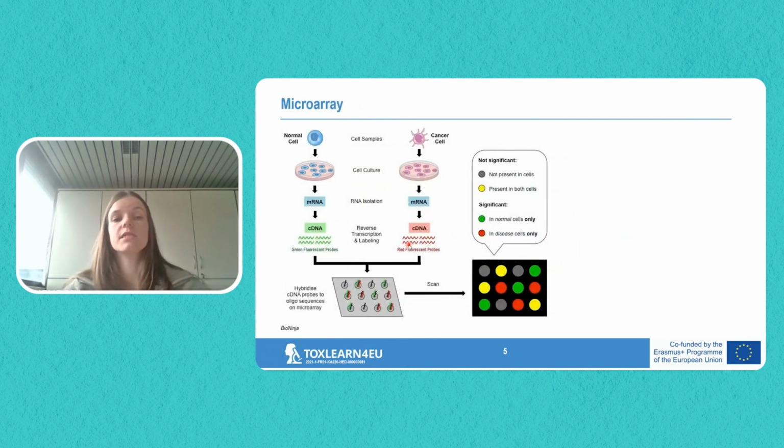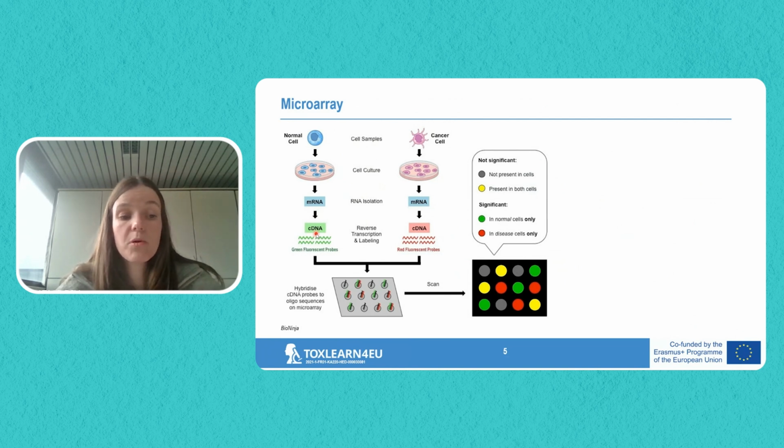And one of those is a microarray. Here on the left, you can again see a figure of the main principle of a microarray. In this case, you have two samples. One on the left here in blue is from normal cells. On the right, we have a sample derived from cancer cells. Cells are cultured, and then mRNA is isolated from these cells and reverse transcribed into cDNA.